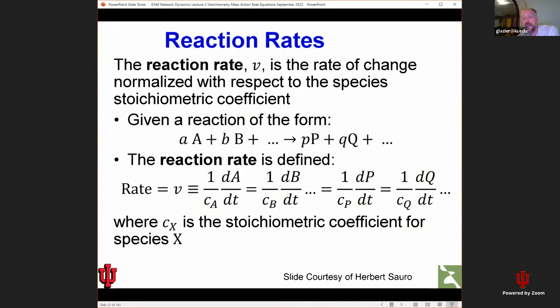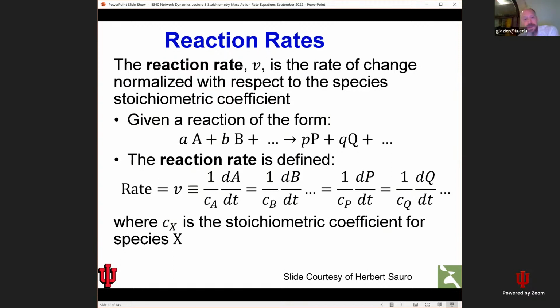So to unambiguously label your reactions, the reaction rate, V, is defined as the rate of change normalized with respect to the species stoichiometric coefficients. So if I have a units of A, a A's go to b B's plus p P's and q Q's.